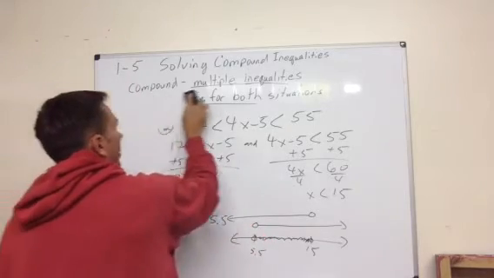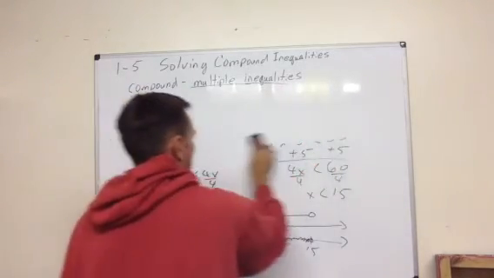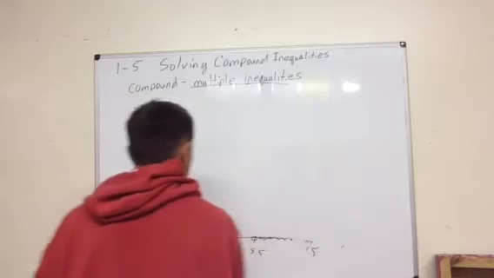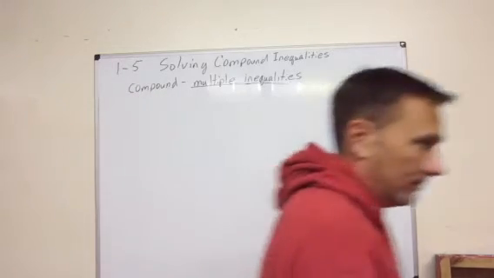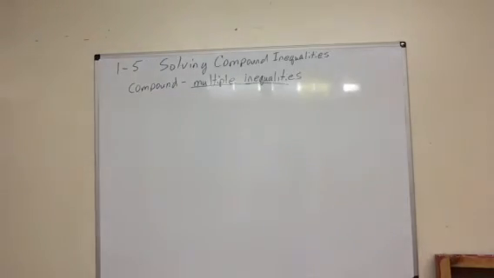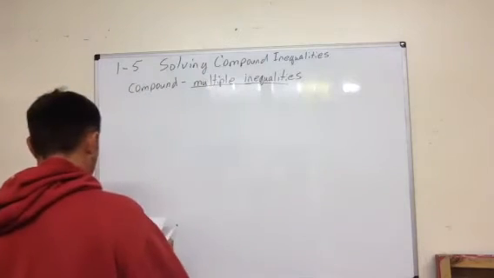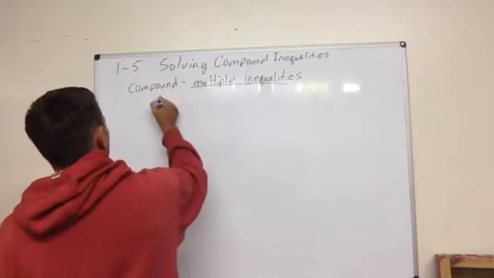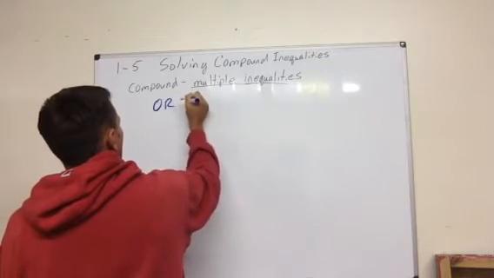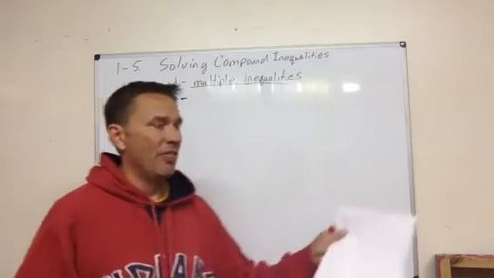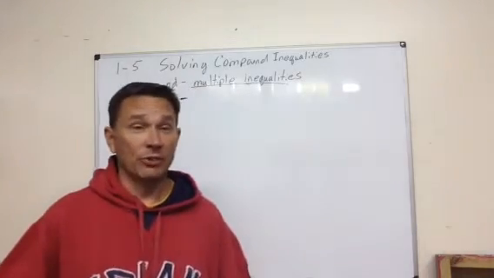Now, we're going to talk about "or" situations. So the "or" problem, and what do we mean by "or"? We mean it can be this or that to be a solution.